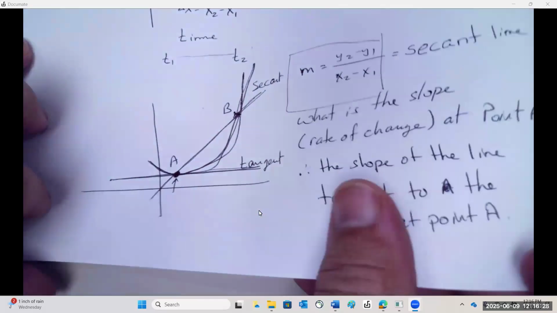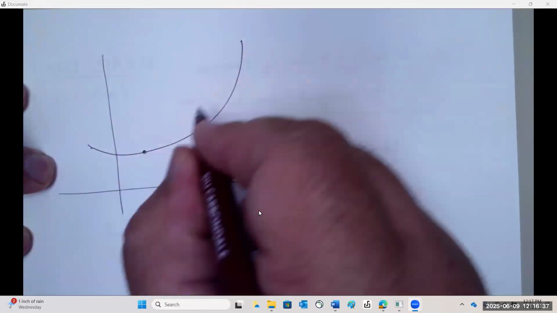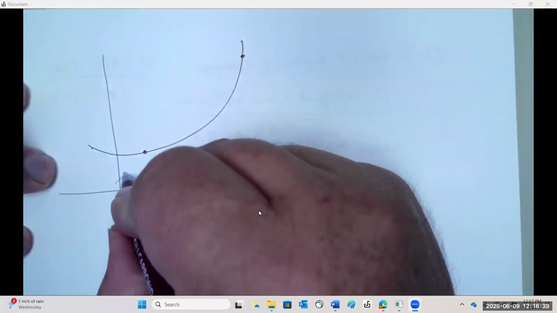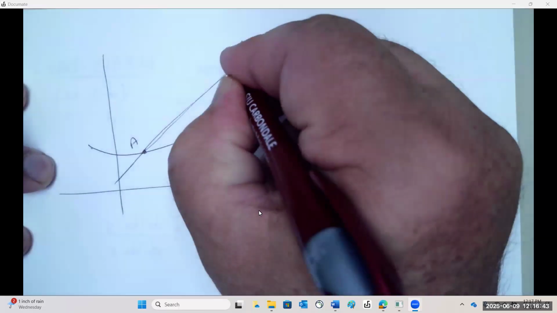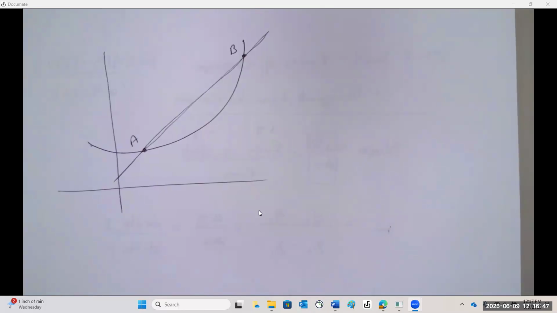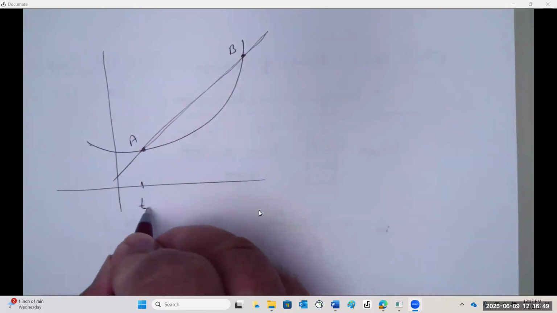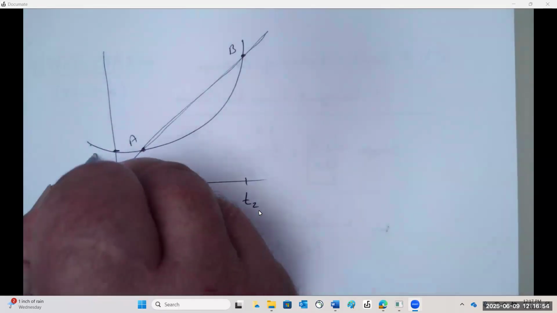Let me make a better picture. So here we have, that's better. Here we have 2 points. The secant is the line that goes through points A and B. That's the secant line. So this is time 1, this is time 2, y1, y2.